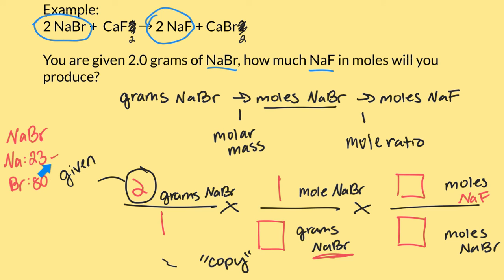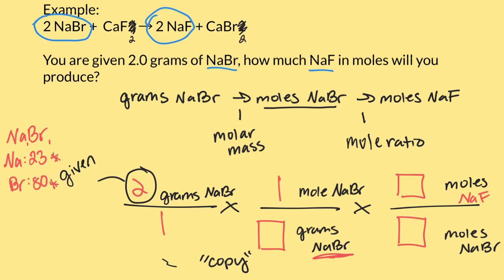What do I have to multiply them with? How many atoms of each I have. For this case, it's going to be 1.